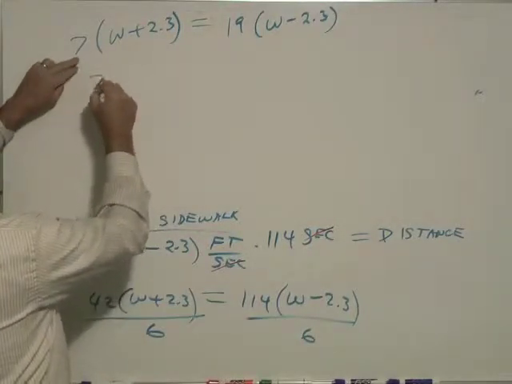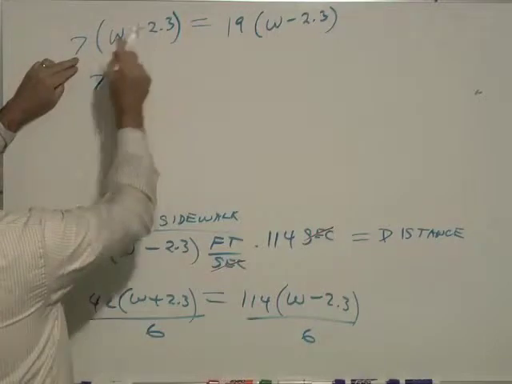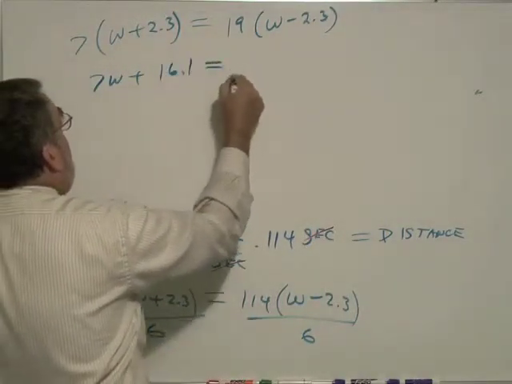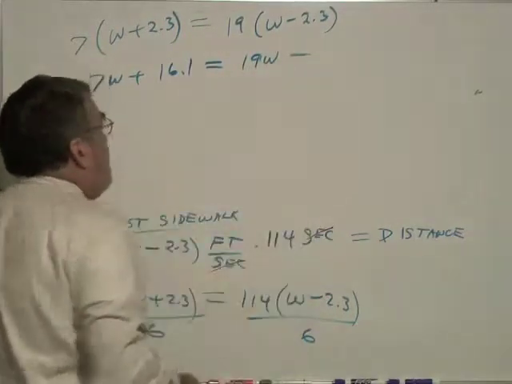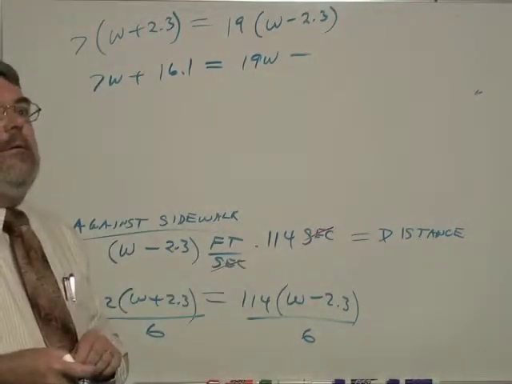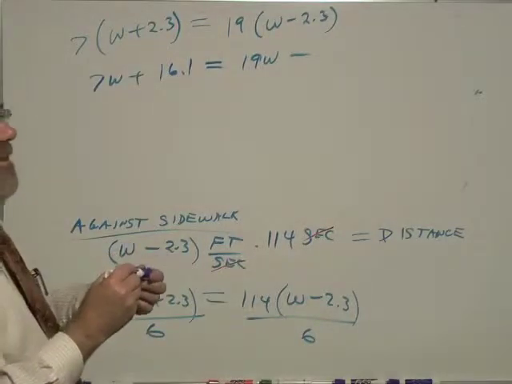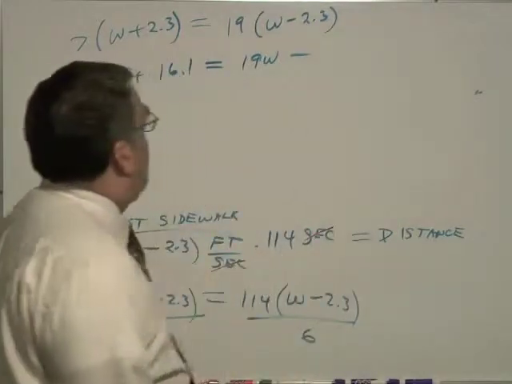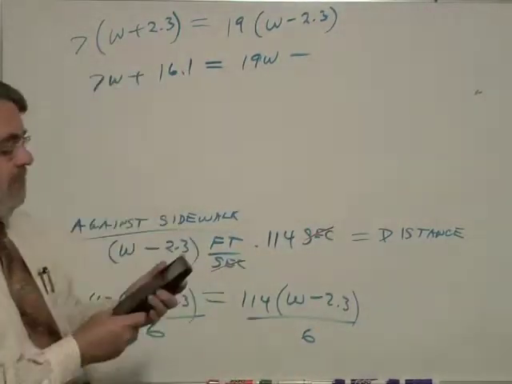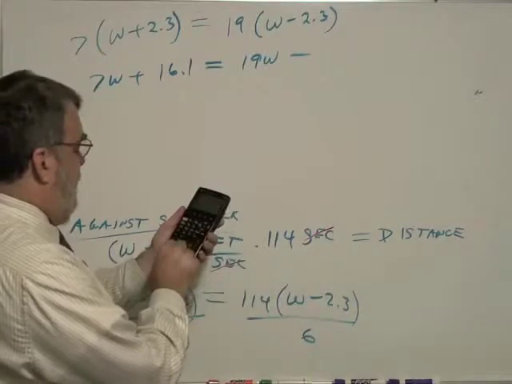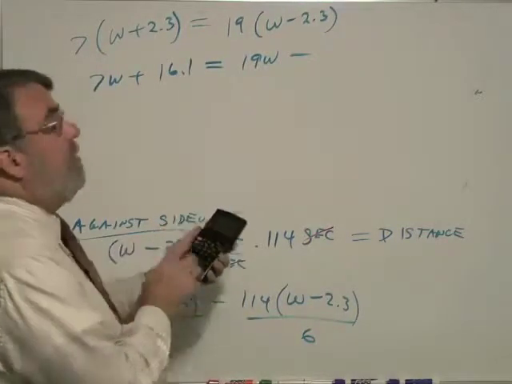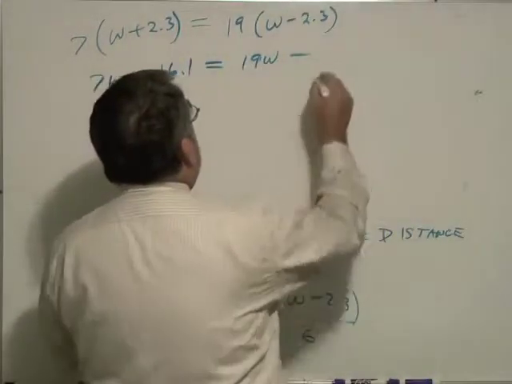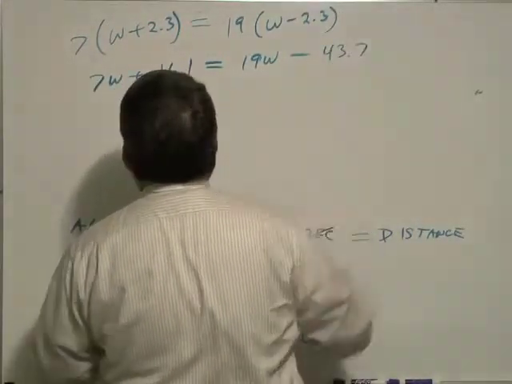Multiply through here, I got 7W plus 7 times 2.3, which is 16.1, equals 19W minus, let me see, better grab a calculator. 19 times 2.3 is 43.7. There we go. 43.7.